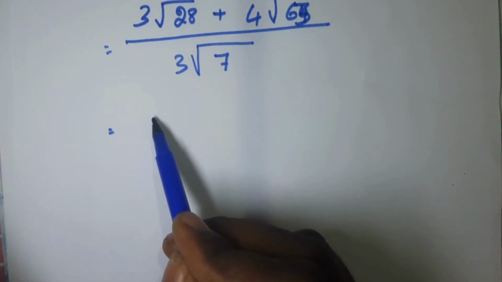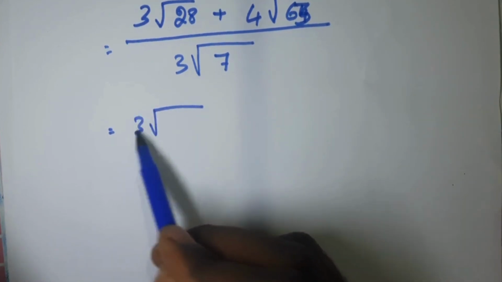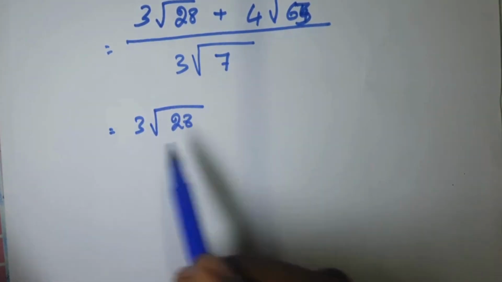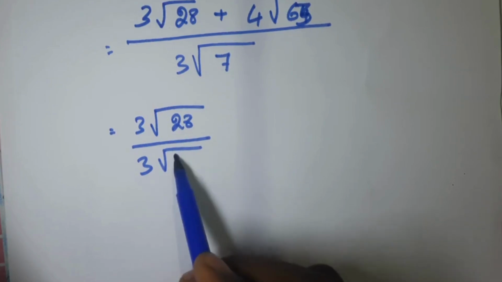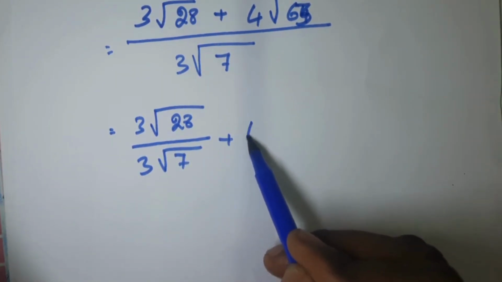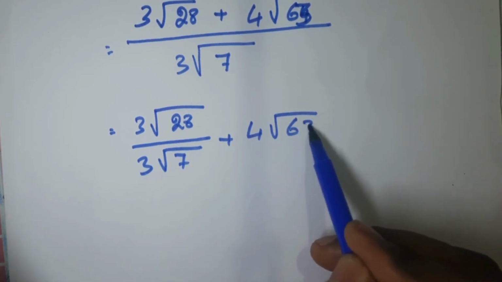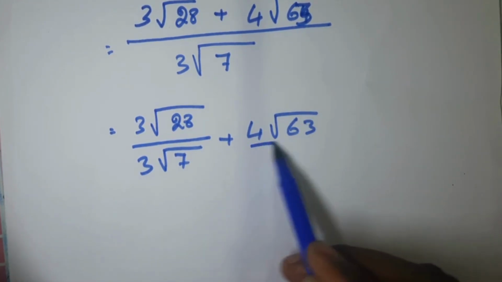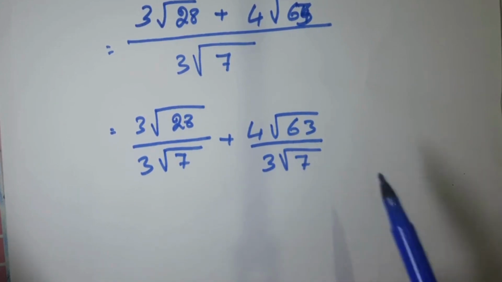Now we are dividing this: 3 square root of 28 divided by 3 square root of 7, plus 4 square root of 63 by 3 square root of 7.